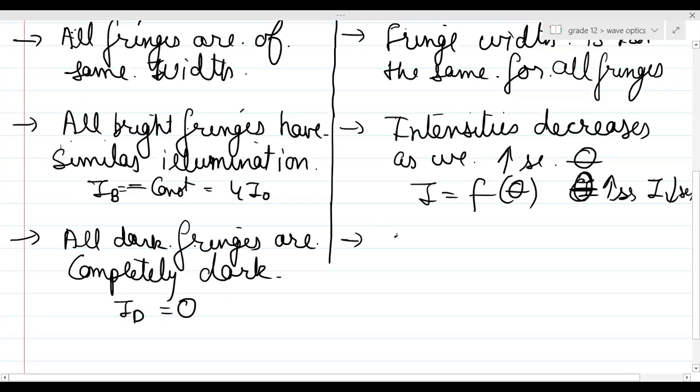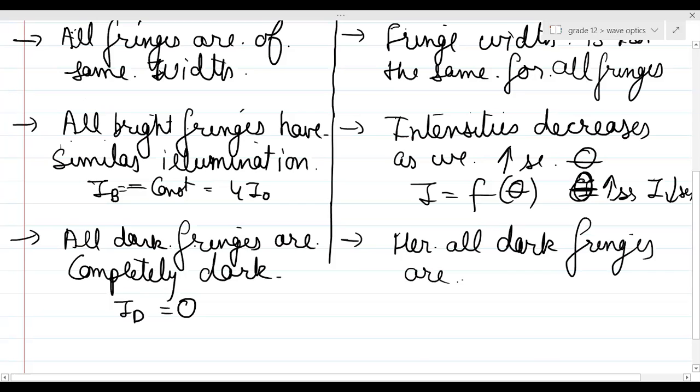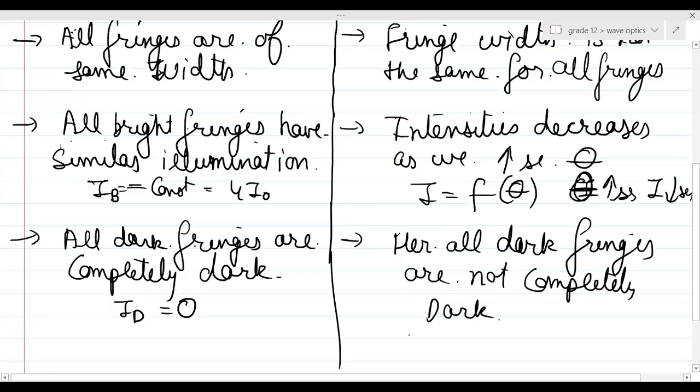Again, this is a constant. Here, all dark fringes are not completely dark. Here you have good contrast between dark and bright fringes.